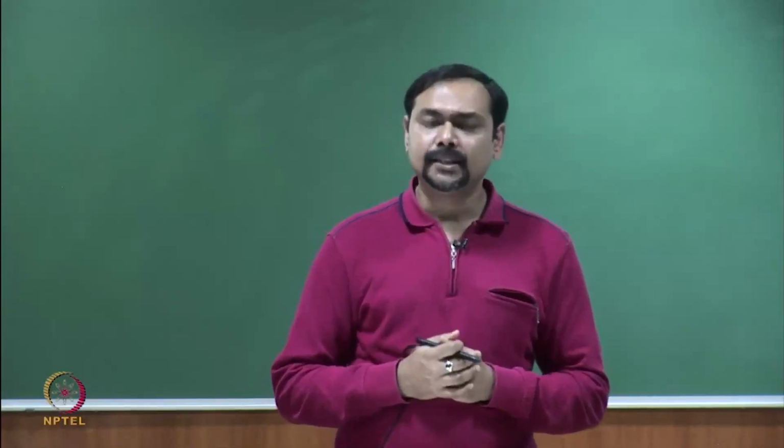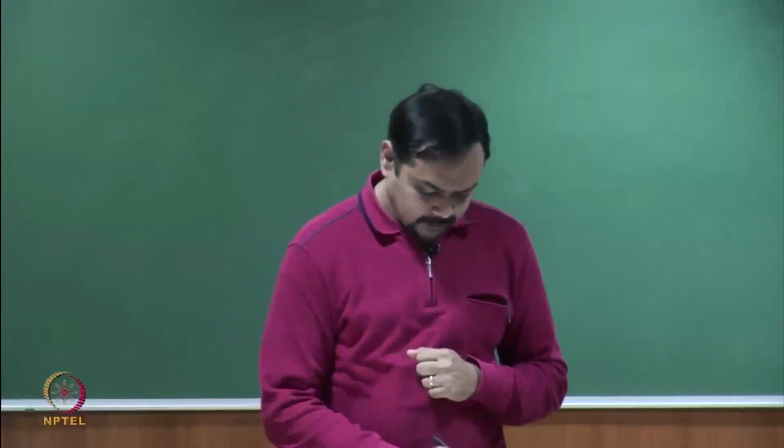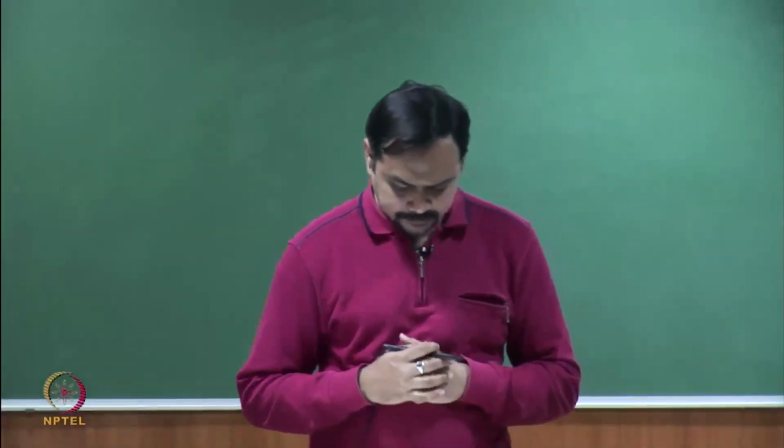So, of course, we know that isolation is a very important functionality for a gate driver. Okay. Because on one side there is a low voltage and the other side is a high voltage, and so the gate driver basically electrically isolates the low voltage and the high voltage side. It is particularly useful during short circuit in a power circuit.